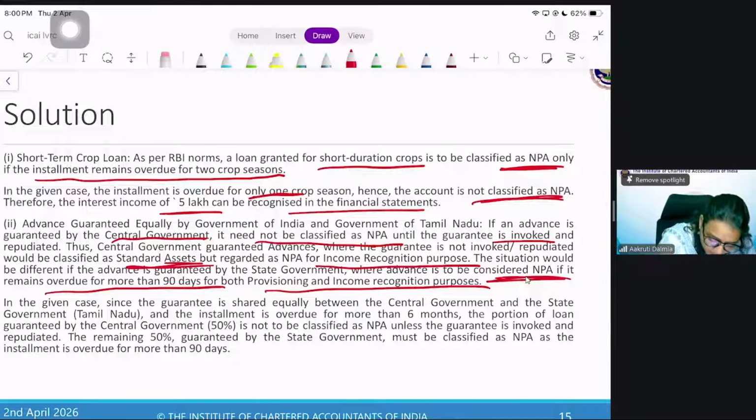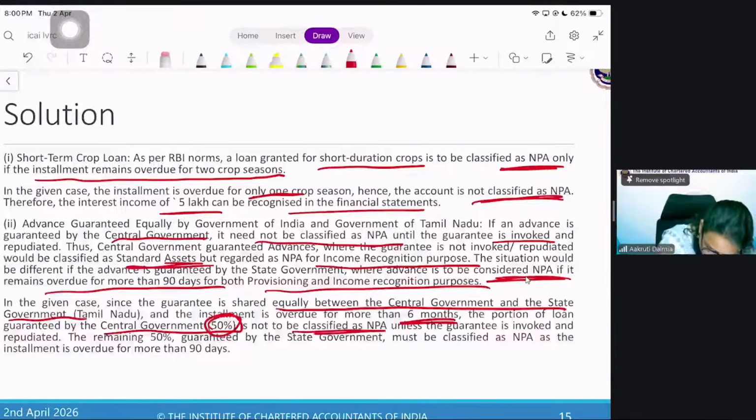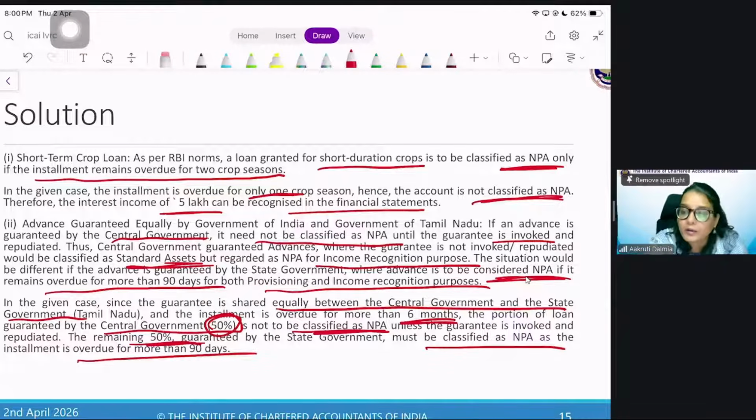In the given case, since the guarantee is shared equally by central government and state government, and the installment is overdue for more than 6 months, the portion of loan guaranteed by central government, 50%, is not NPA, and the remaining 50% must be classified as NPA. Done? So 50% will not be NPA, 50% will be recognized as NPA and provisioning will be done.